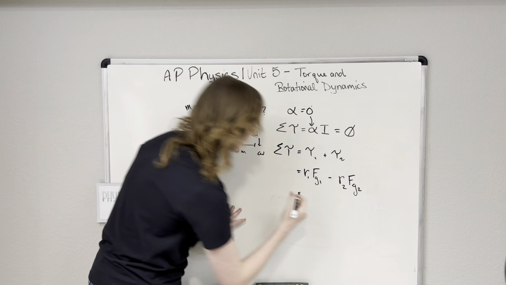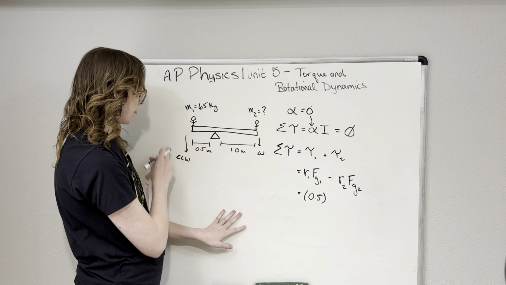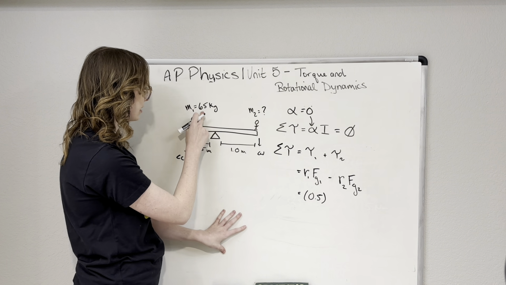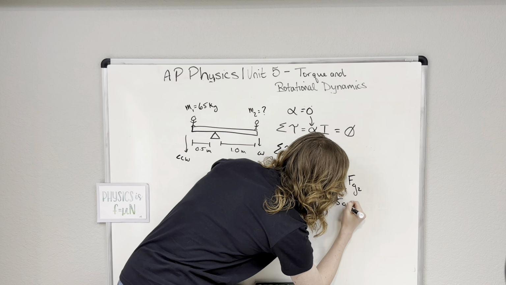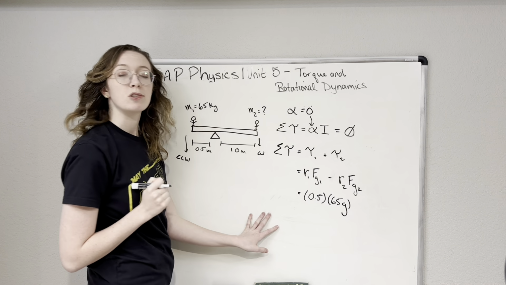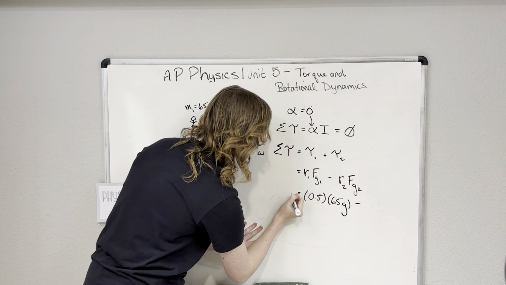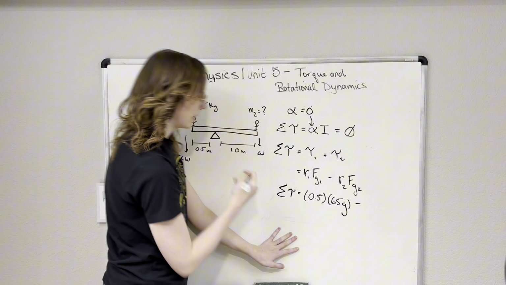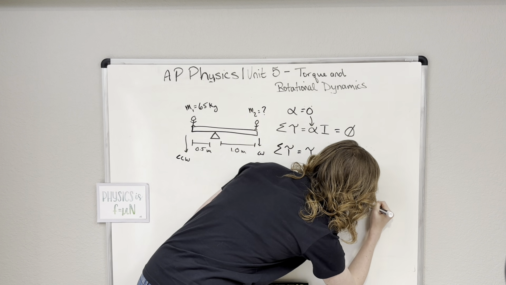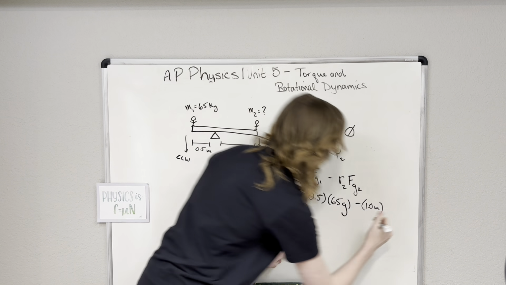My first radius is 0.5. The force of gravity on my first child is just going to be 65 kilograms times the acceleration of gravity, which I'm just going to leave as a little g here, minus my second radius, which is 1 meter, times the force of gravity being exerted on child 2.